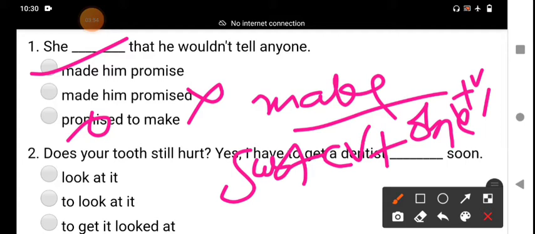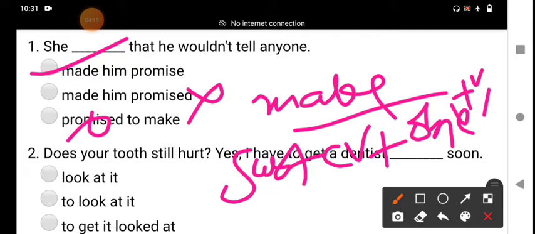That means she forced him and compelled him. Why did she compel him? He wouldn't tell anyone the secret, it may be any secret. That's why the answer is the first one.